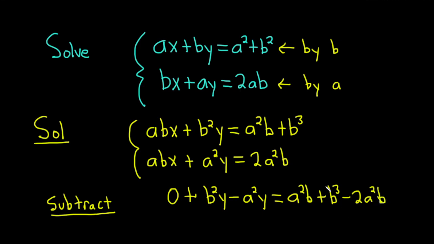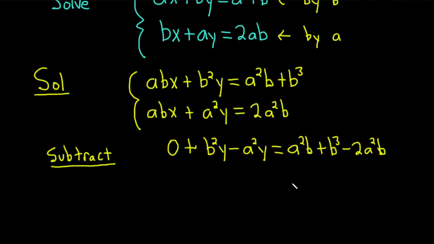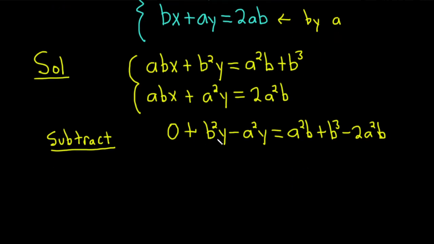Beautiful. All right, and we're looking for y, right? So I guess now we can pull out a y here on the left-hand side. So we have y, parentheses, and this is going to be b squared minus a squared.